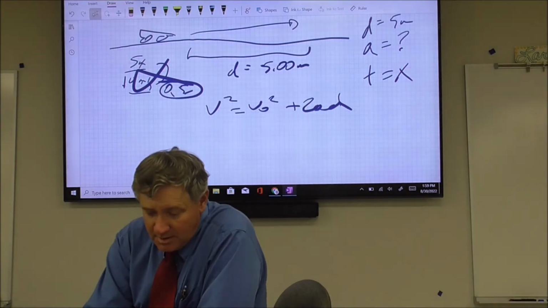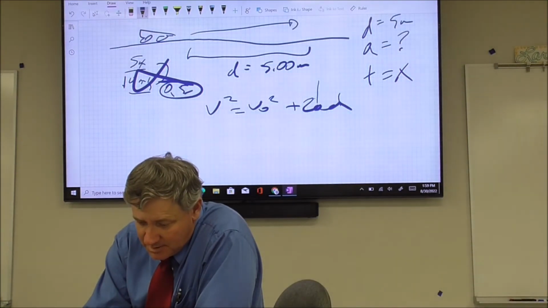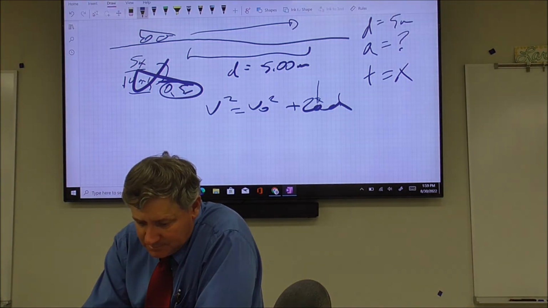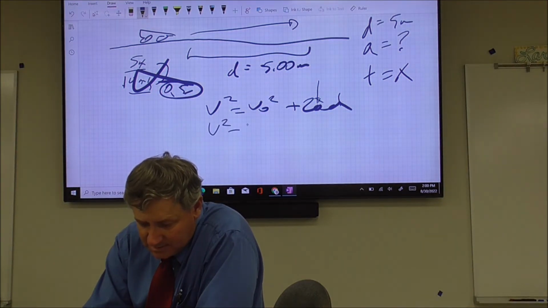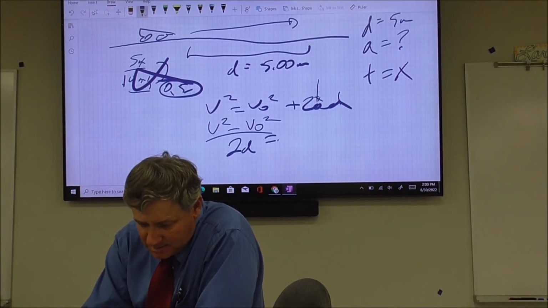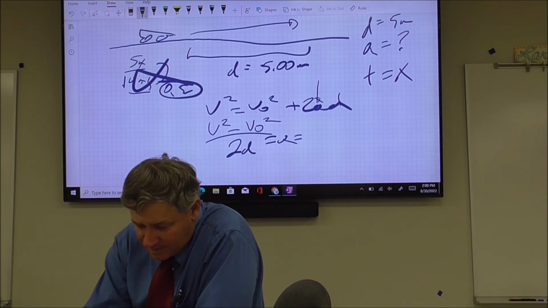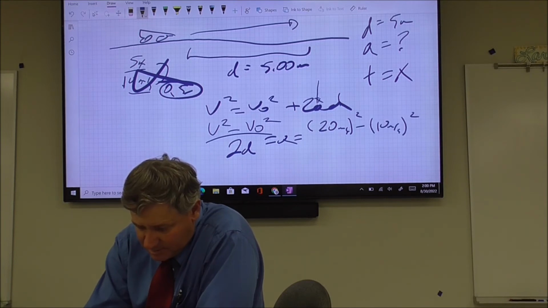So, how am I gonna get a by itself? a equals v squared minus v naught squared, divided by 2d. That's going to equal my acceleration, right? So I've got 20 meters per second squared minus 10 meters per second squared, divided by 2 times.